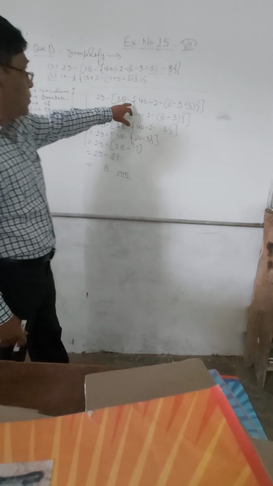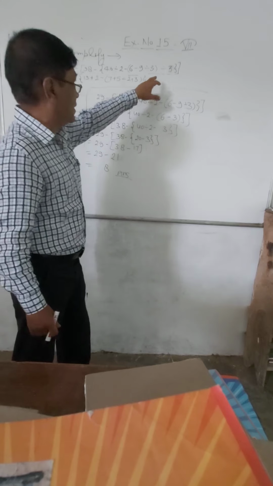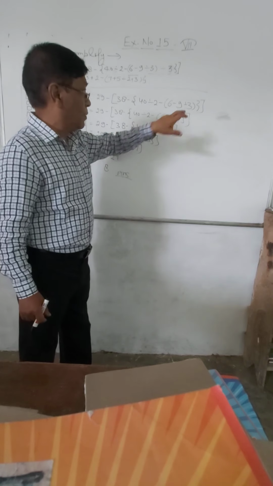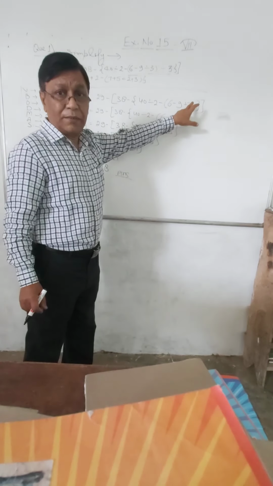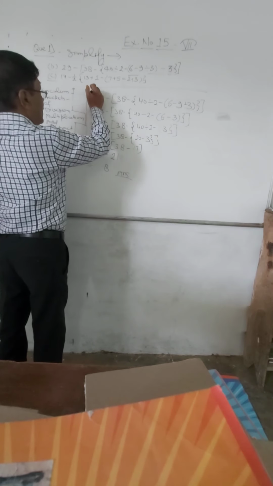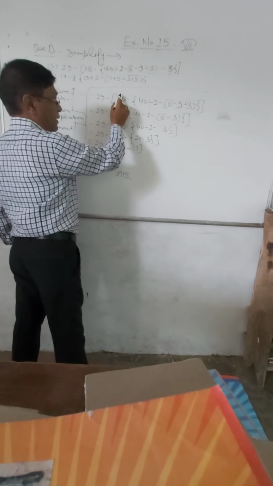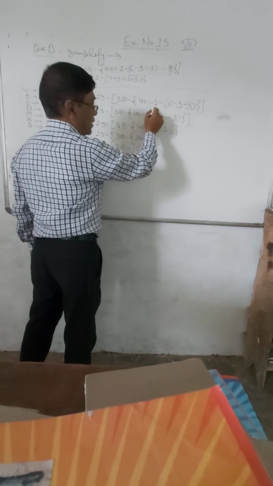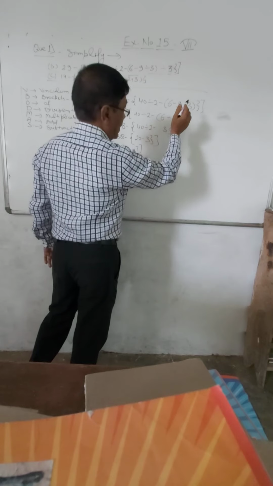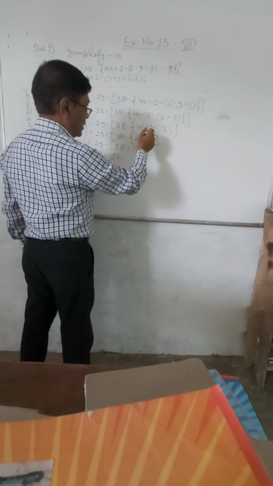Now in this problem and in this problem, what was the difference? Here divide by 3 is also there, but here there is no divide by 3. So this problem will come how much? Again check. 29 minus 38 minus 40 divided by 2 minus 6 minus 9 plus 3. 3 3s are 9. 6 minus 3, 3. 2 minus 3, 7.